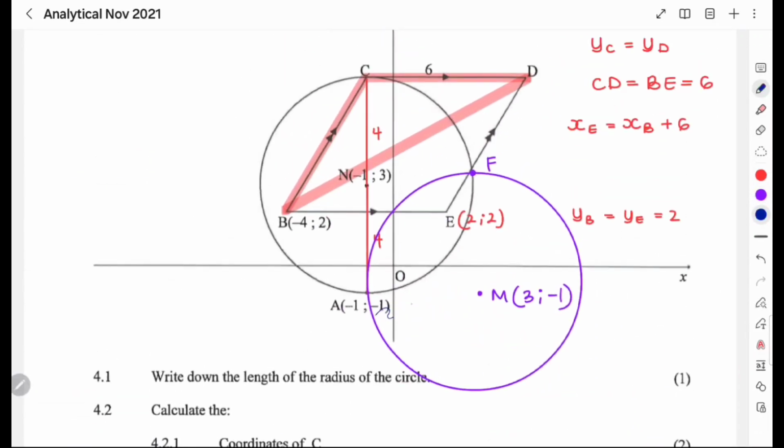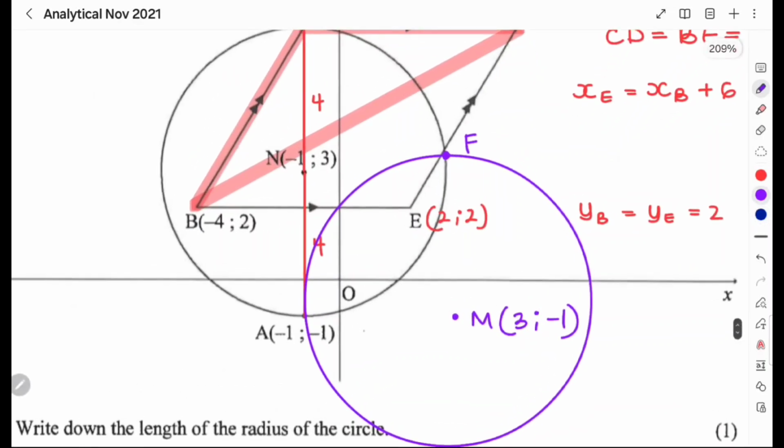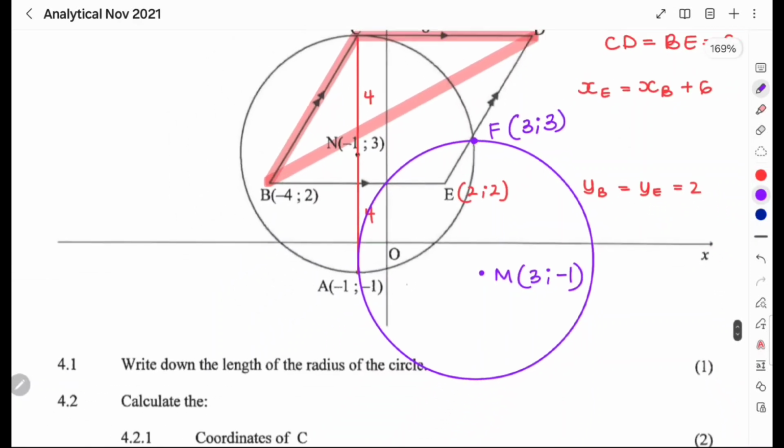So here we know that A is going to have the same x value as N, and it has the same y value as M. So just as A has the same x value as N and the same y value as M, F is going to have the same y value as N and the same x value as M. So the coordinates of F is going to be 3 and 3.